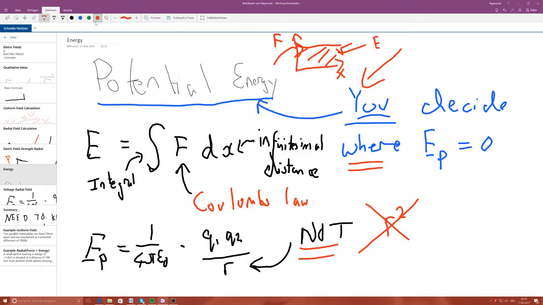Instead, we have to do some basic calculus. In fact, we have to do an integration, which is summing up an infinitesimally small distance infinitely many times to find the area underneath our graph, so to find the energy in this case.